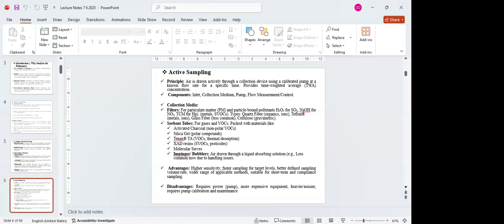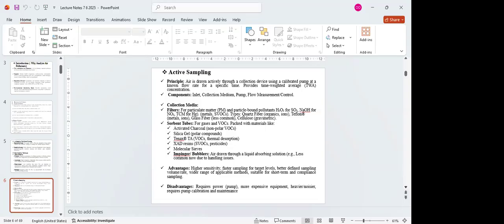Now, apart from the inlet and the collection medium, we have the media. Media is where these materials, the pollutants, are deposited when they come in. That is where they are received.